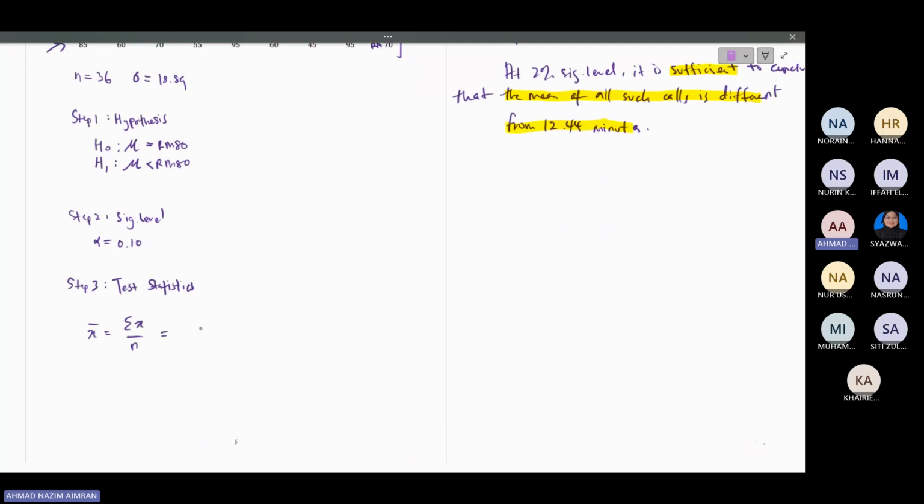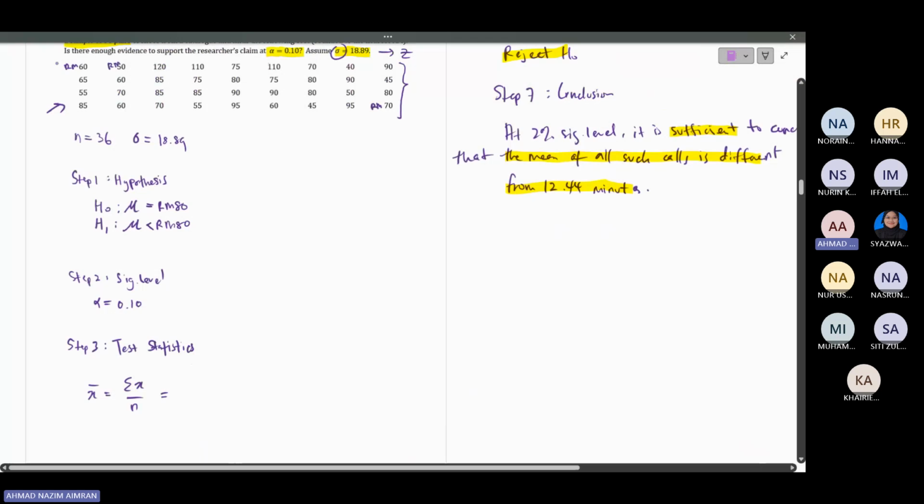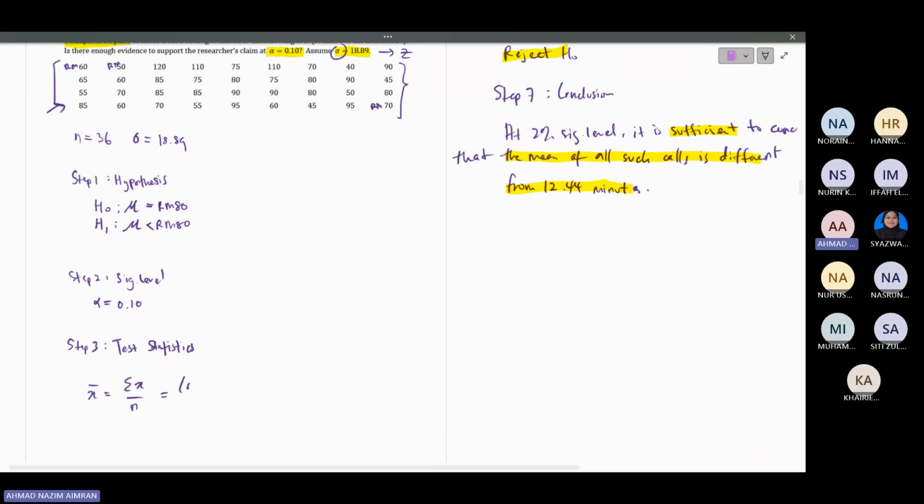So what is summation of X? That is equal to the summation of all information up here. So 60 plus 50 plus 120 plus, the last one, 70. And how many samples are there altogether? We have 36 pairs of shoes.